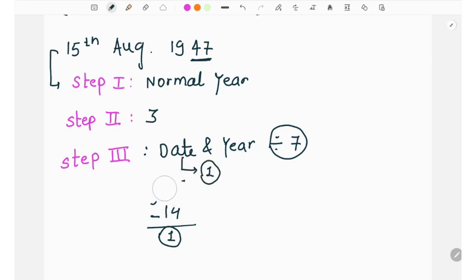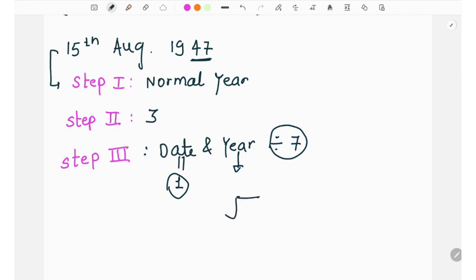The remainder for date that I have got here is 1. Now the remainder for year. Again, simply consider the last 2 digits only. We have to divide the last 2 digits by 7. So 1947, last 2 digits are how much, students? 47. So divide 47 by 7. 7 6s are 42.